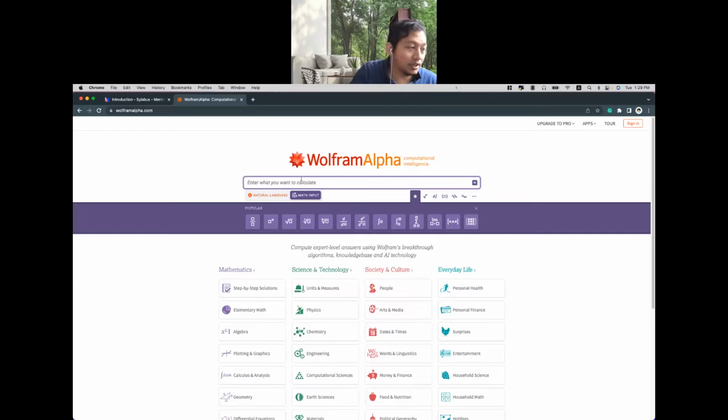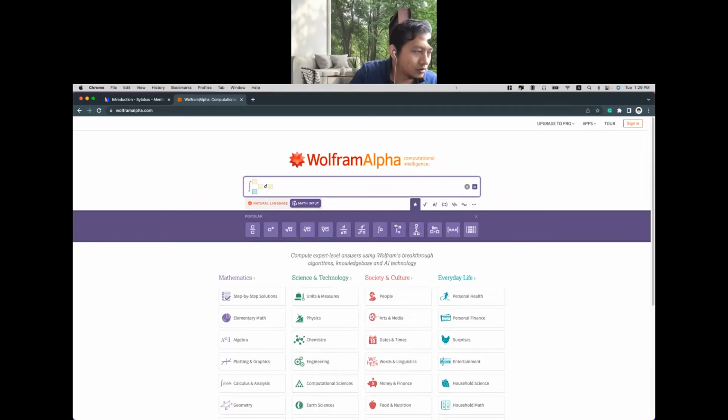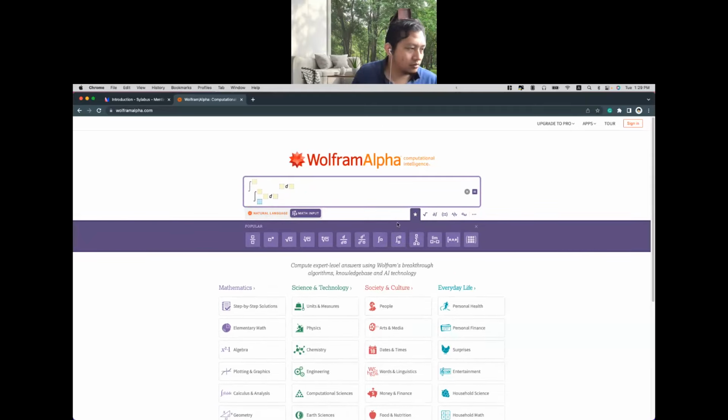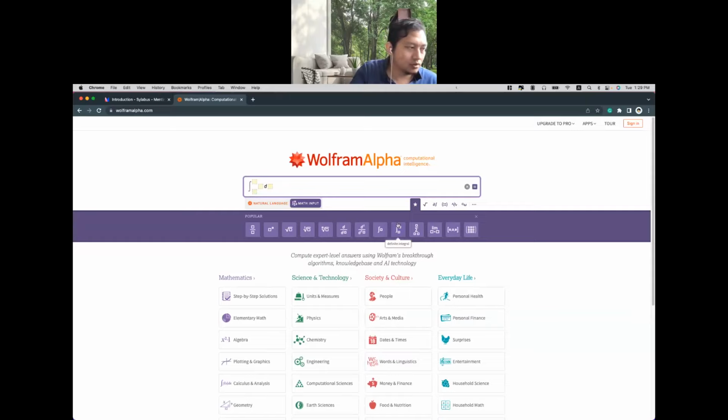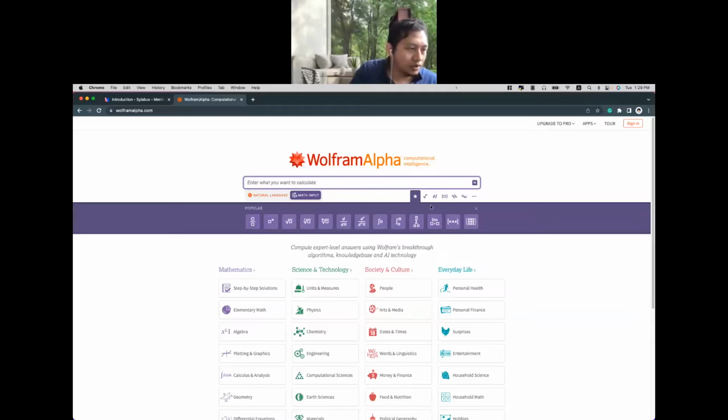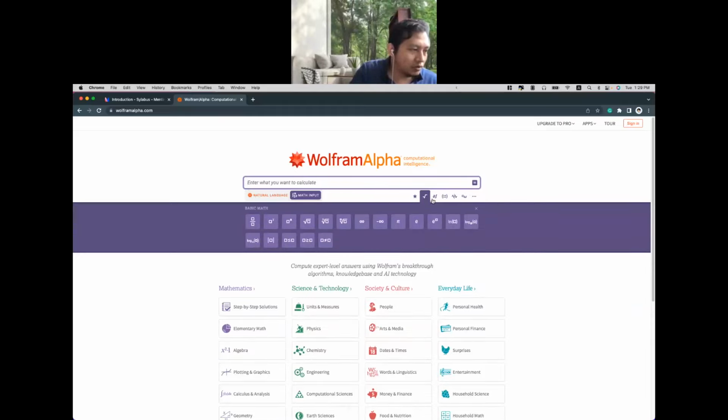If you put some equations here, for example, you want to integrate, I can make two integrations like that, or it depends on the equations. You can make your own equation.